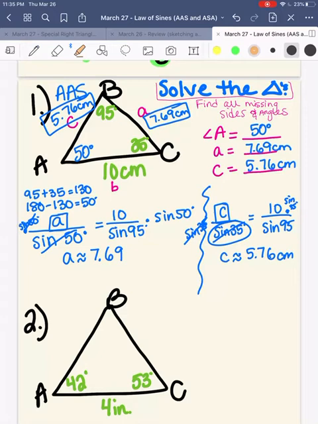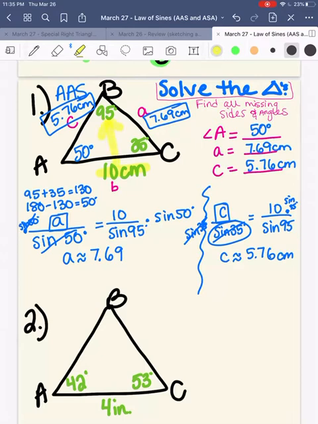Now let's make sure, I want to kind of go over some things that you may or may not have learned in middle school, or I can't remember if it's in middle school or elementary school. All right, there is a rule that says in a triangle, the largest side is across from the largest angle, the smallest side is across from the smallest angle, and then the medium side and the medium angle are across from each other. So if y'all look at this, 10 is the largest number.